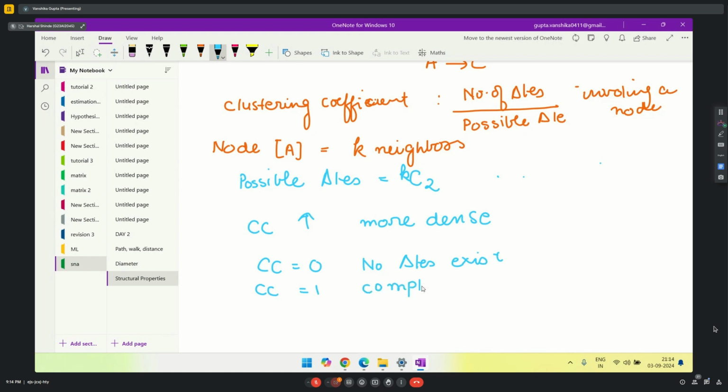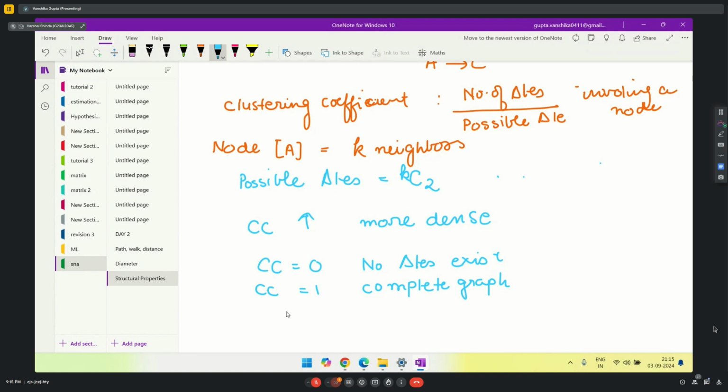What is a complete graph? Complete graph is a graph in which every node is connected to each other. Let's say if we have four people in a room and each of the four talks to each other, that's known as a complete graph. Same way, if all nodes are connected to each other, then we can say it is a complete graph.